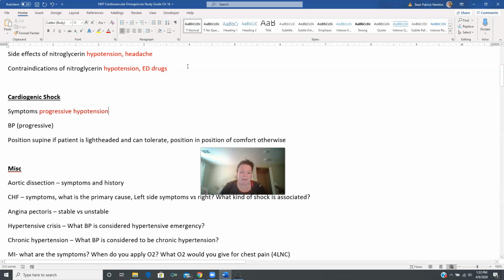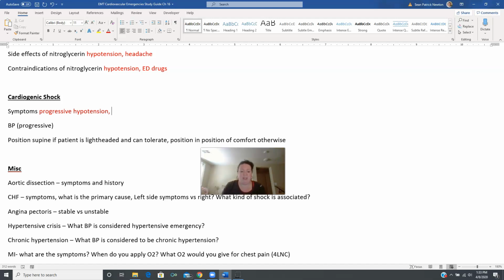And the heart rate can be high, but that's the body wanting to compensate and increase the rate of the heart, but a weak, bad pumping heart can't always respond. And a lot of these patients are on beta blockers, calcium channel blockers that are preventing the heart from increasing the rate. So the rate is really plus minus.